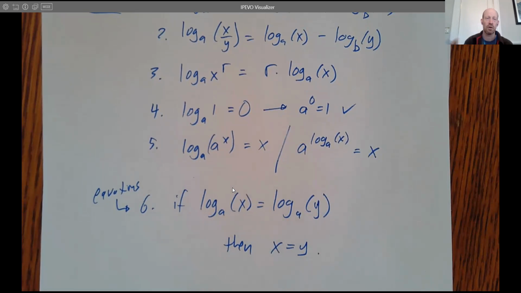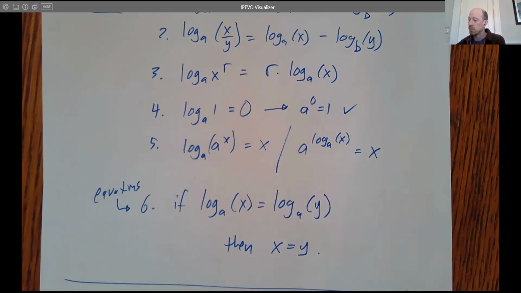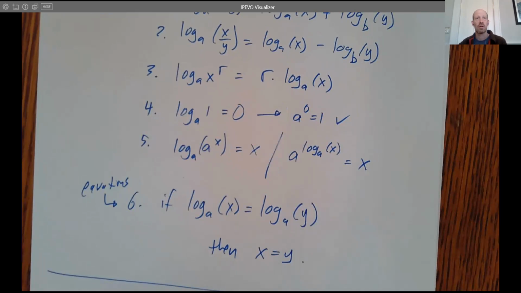Okay, so I think we zipped through enough there to talk about these problems. One of them is similar to this.